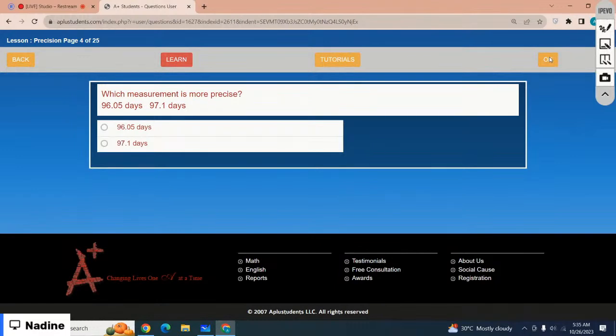The correct option is 96.05 days, right? Because that is measured to the hundredth of a day. So that would be the correct option.